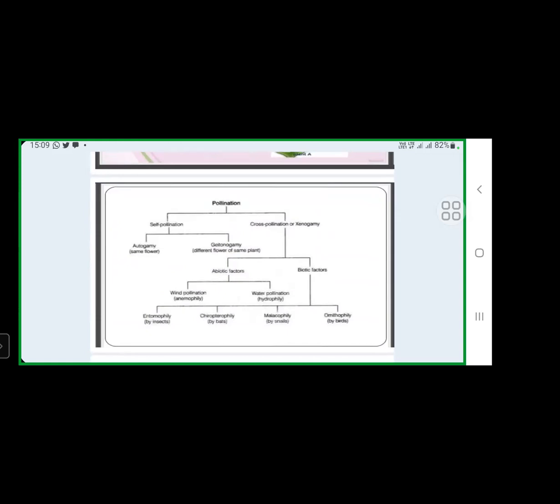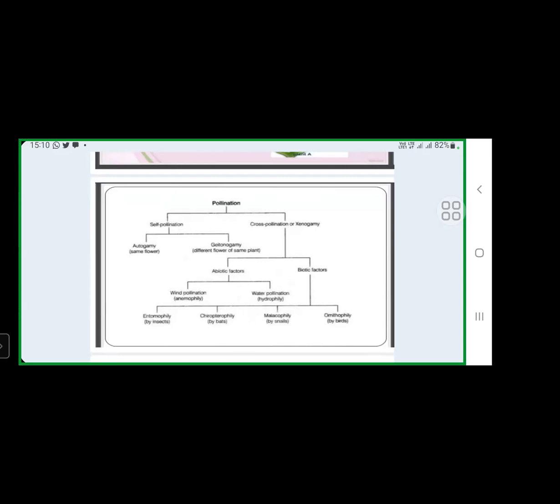Pollination is of two types. The first one is self-pollination and the second one is cross-pollination. This is the complete flowchart of the types of pollination. Self-pollination is divided into autogamy and geitonogamy.